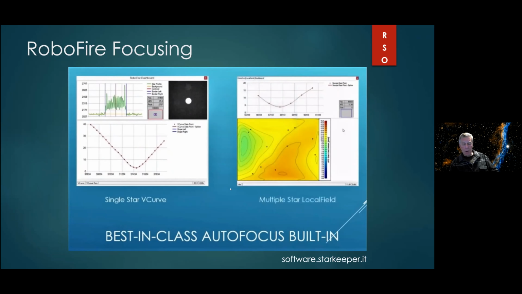If you have a small central object, you can set it up for a single central star focus, or if you're photographing a full field of view nebula, you can actually do multiple star local field focusing, and both of these work really well. I actually prefer using the single star method, but you can choose and mix and match if you like.